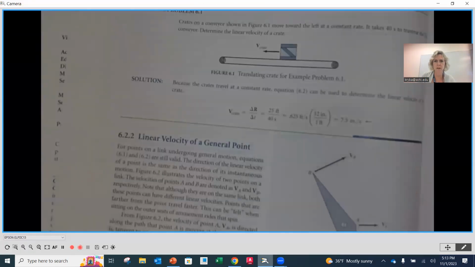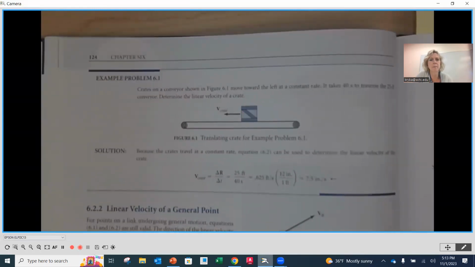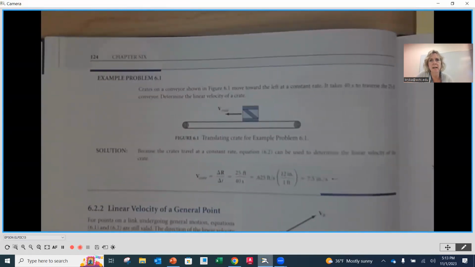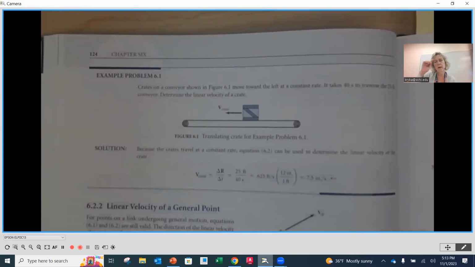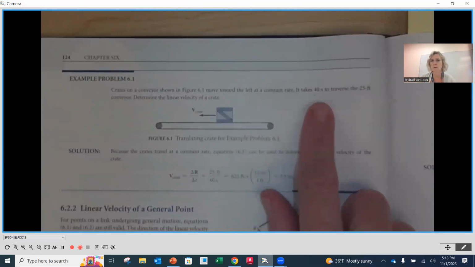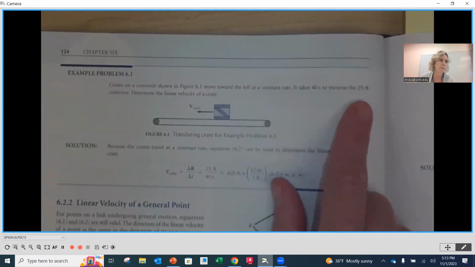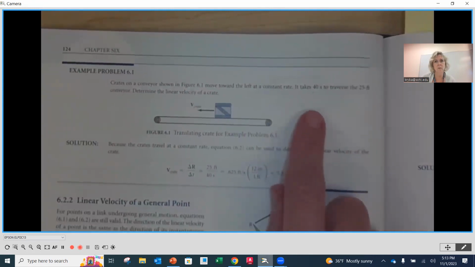So if I go underneath here, you'll notice that in this example, we have a crate that's on a conveyor. As we look at the conveyor, the crate is going to be moving to the left. The problem statement lets us know that it's moving to the left at a rate of 25 feet every 40 seconds, at a constant velocity.